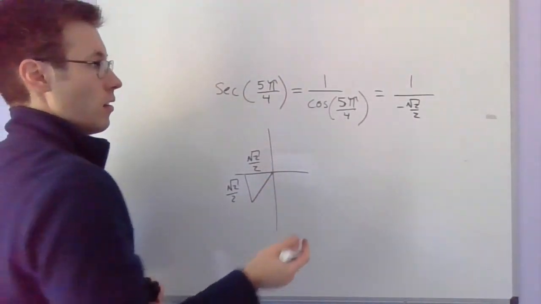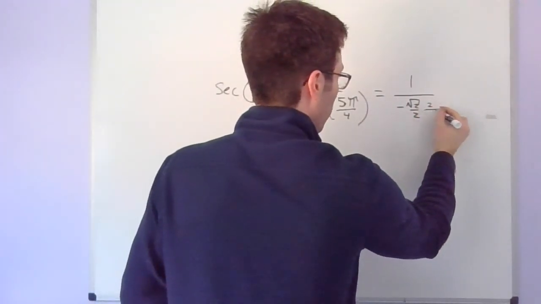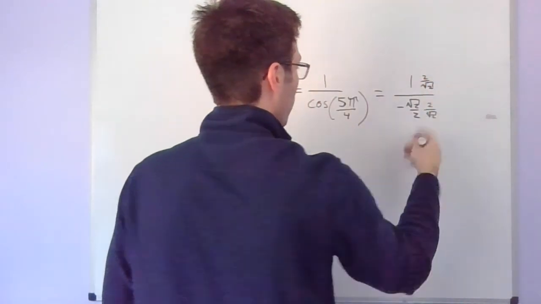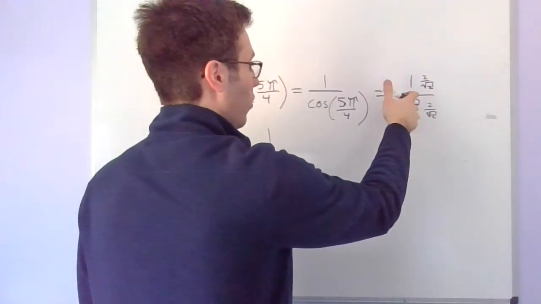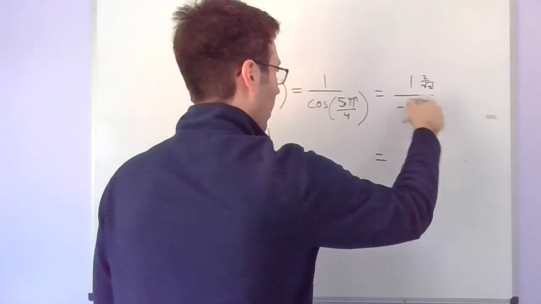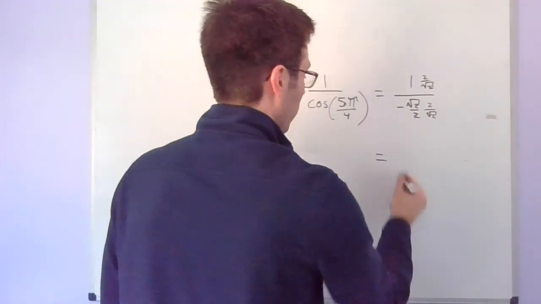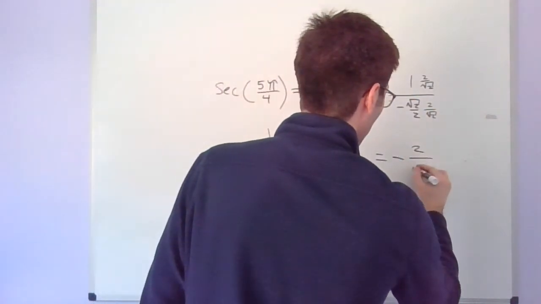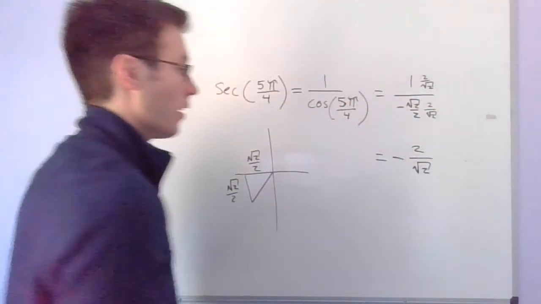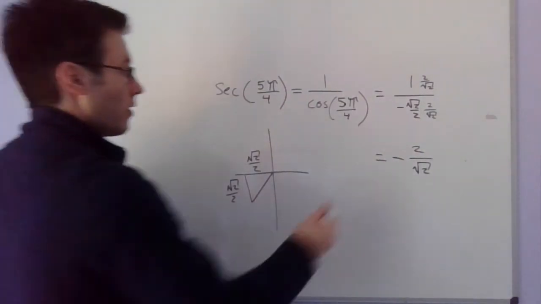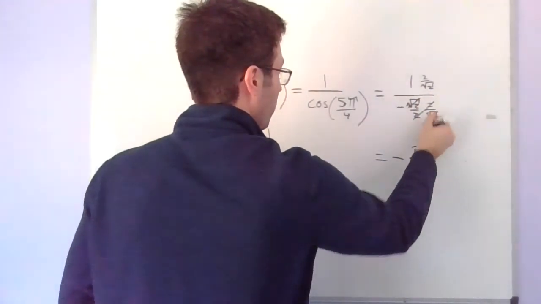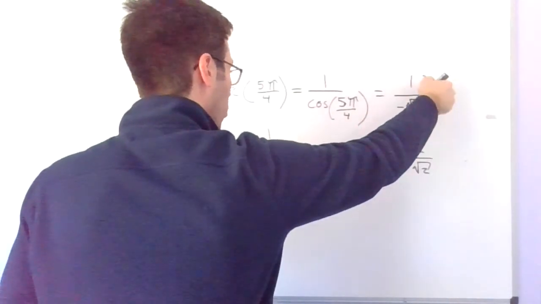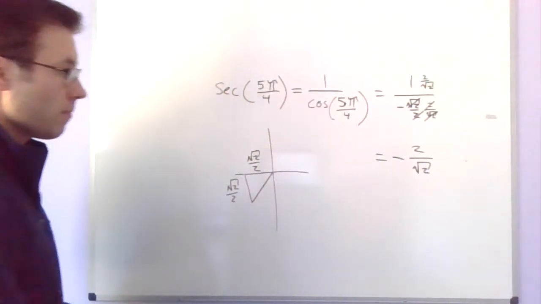I can take this value and multiply it by 2 square roots of 2, the same thing. I'm taking this value every single time, and I could cancel out those terms if I wanted to. These cancel out, and my negative is coming from right here. So 2 over square root of 2.